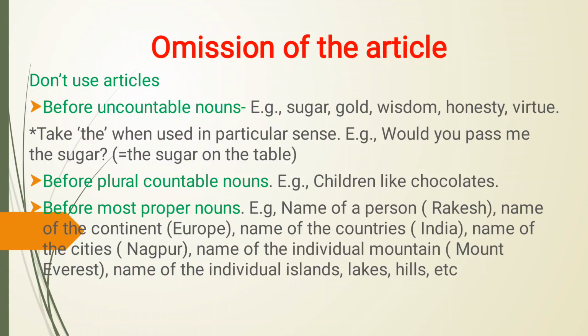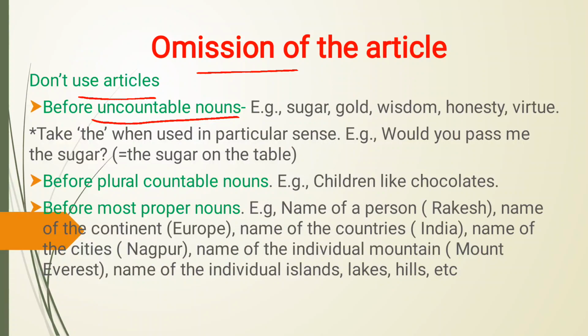Now, let us talk about the situations where we are not supposed to use articles or where we should omit articles. Don't use articles before uncountable nouns. So, what are uncountable nouns? Those nouns which we cannot count.